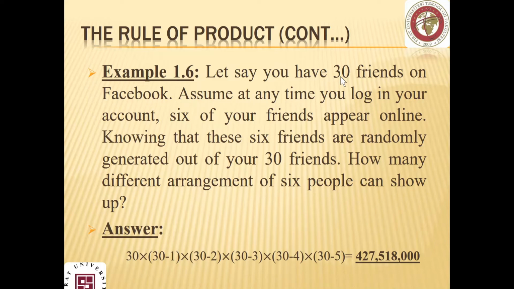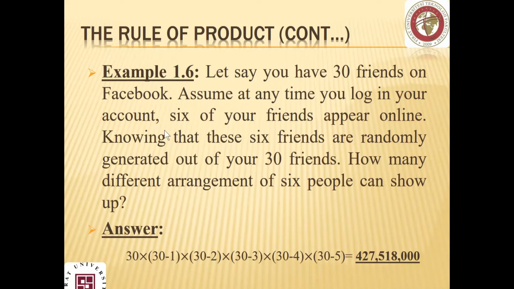But the first one has how many choices? 30 choices, because we have 30 friends. So number 1 could be any of the 30. How about number 2? It will not be any of the 30, because number 1 is already assigned. Number 1 took any of the 30, so now we don't have 30, we have 30 minus 1.